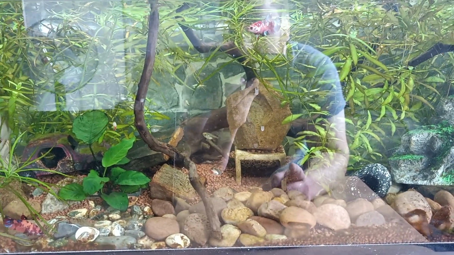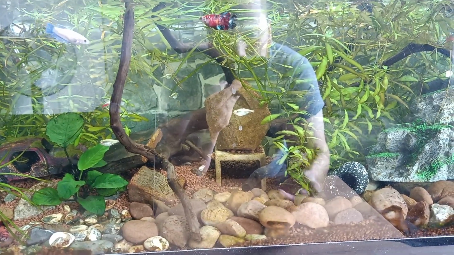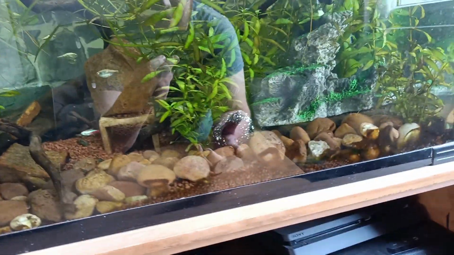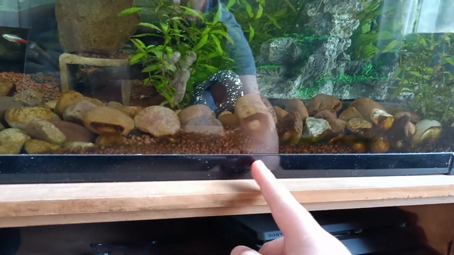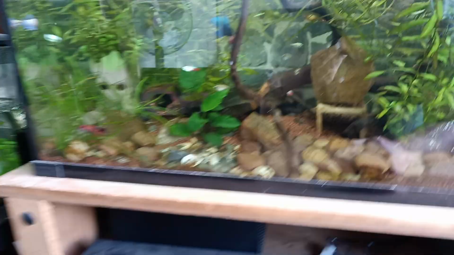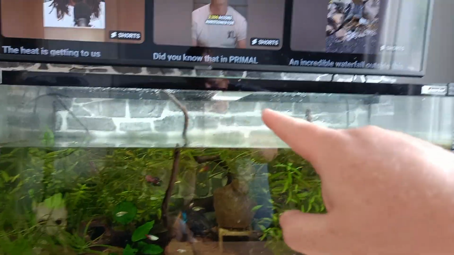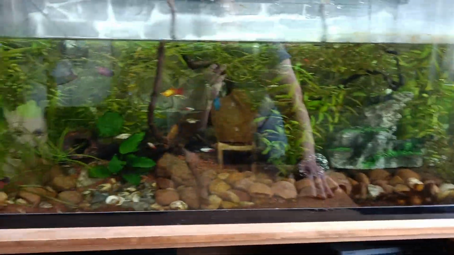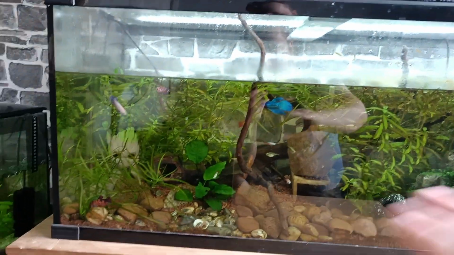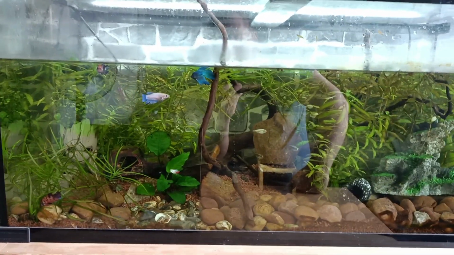So yeah, a lot of people would say this tank is a bit dirty, but at the same time, I quite like it, even with the algae on the glass, like over here. Obviously, this is just where I can't reach because of the rocks and gravel. There's a bit of algae on the back as well as a bit here on the front, which I need to sort out myself.